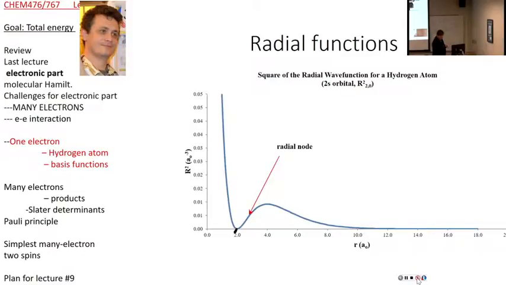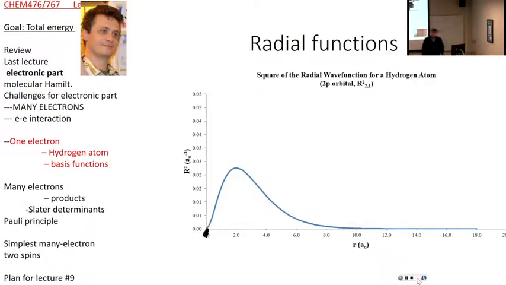If we go to the 2s orbital, the next principal quantum number, we have a dependence on position which also has a maximum in the center, but then it has one minimum and then another maximum. So this function has two indices.